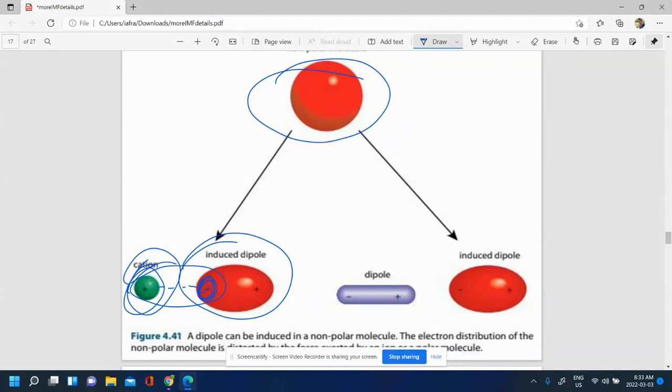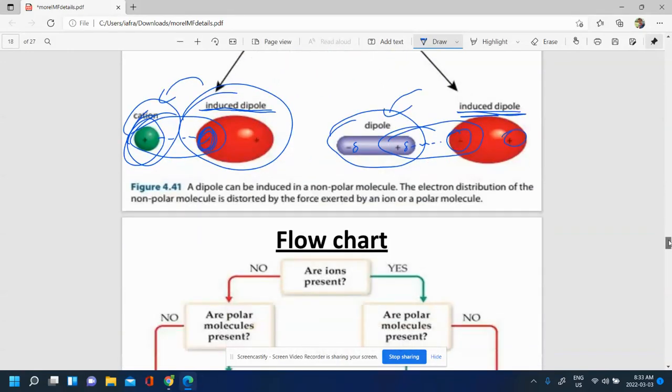Here it's the same idea, except it's a polar molecule that comes by, and it has partial charges, so partial positive here, partial negative there, and it causes electrons here to spend more time here compared to here, and so they'll be interacting for a little bit there, and that's a dipole-induced dipole. So the dipole here was created by a dipole from a polar molecule. The dipole here was created by a cation, and so we call it an induced dipole, almost like stronger versions of LDF.